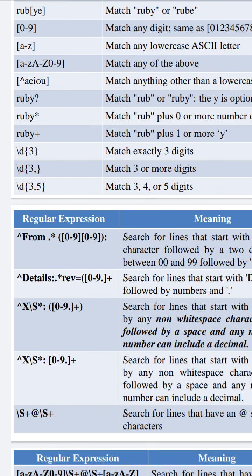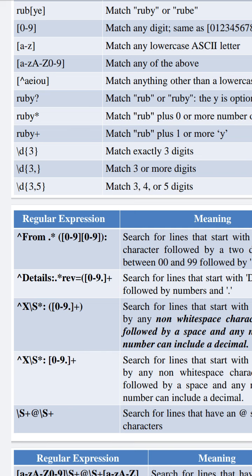This says to match anything other than a lowercase vowel. Here the caret inside the square bracket gives a separate meaning: it indicates that anything other than what we have mentioned in the square bracket should match.